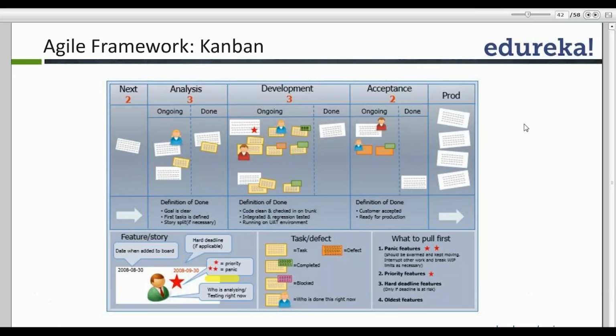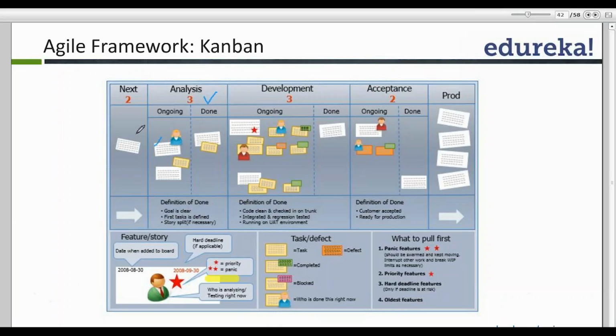The WIP limit dictates how much work I can accommodate in a zone or an area. For example, in the analysis, my WIP limit is set to 3, which means I can only take 3 tickets at a time. If I try to push in more work, it is not possible because that work area does not have that much capacity.